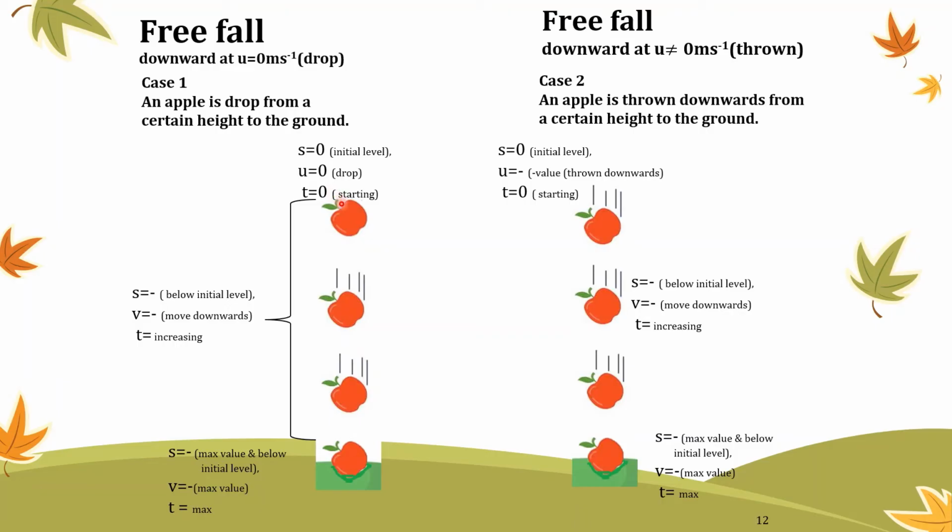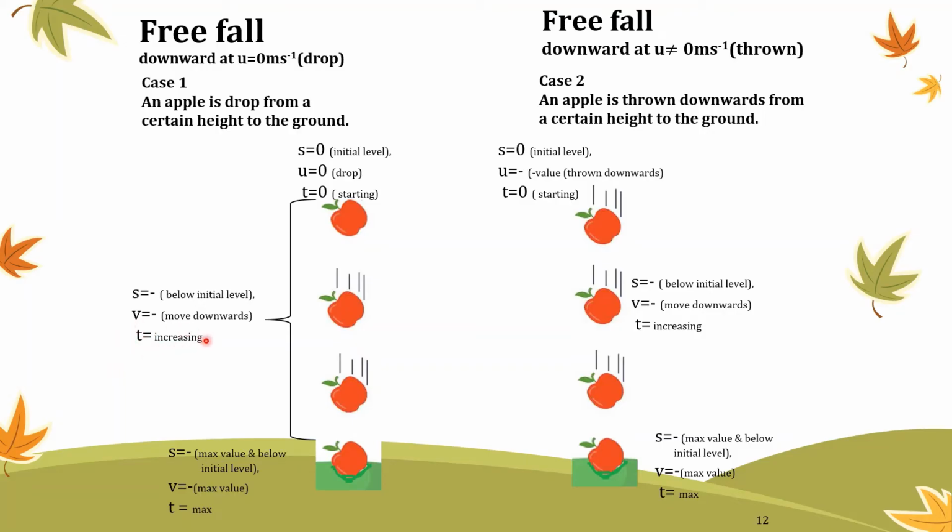Okay, when the apple goes down, what happened? The displacement will increase but the sign is negative. Why? Because it is below the initial level. The velocity of the apple also increases, but in negative value. Why? Because the apple is moving downward and the value of t is increasing.